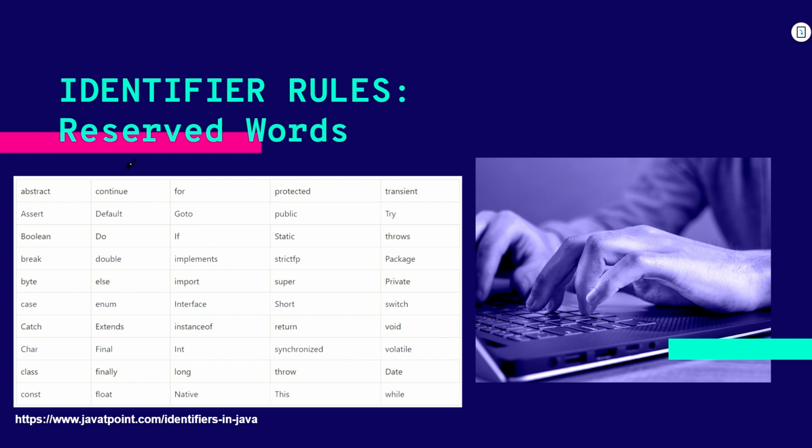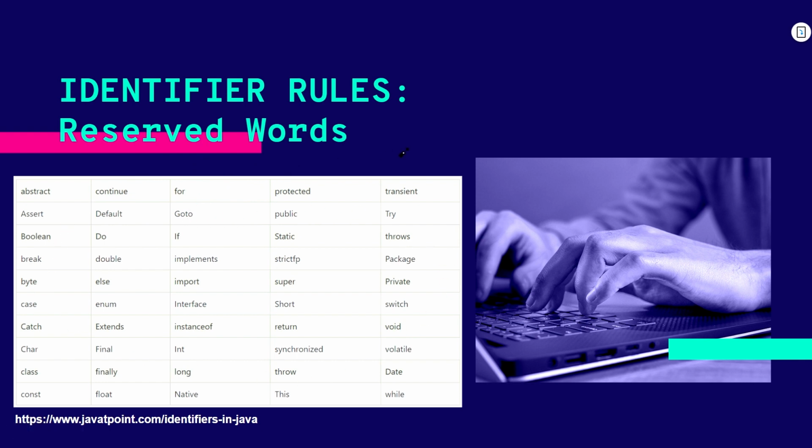Now, we saw in the previous slide that identifiers cannot be reserved words. What are those reserved words? These are certain words that Java took for itself. These are keywords used by Java, and we cannot use these keywords to name variables, classes, or methods.